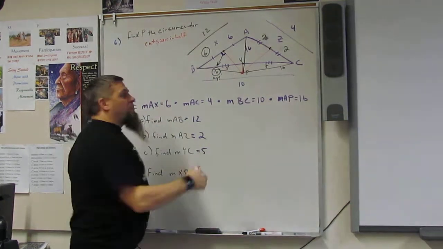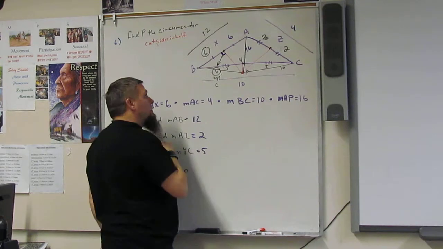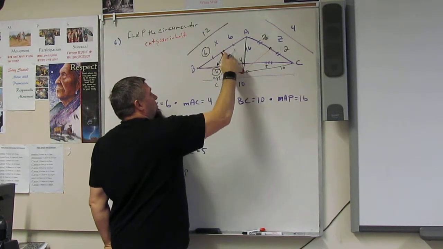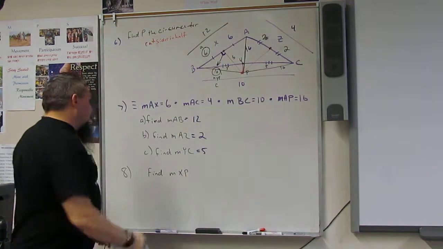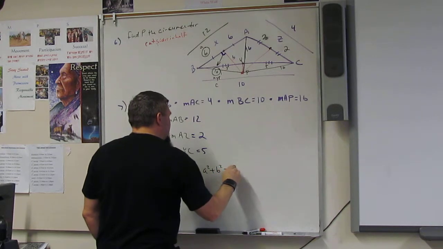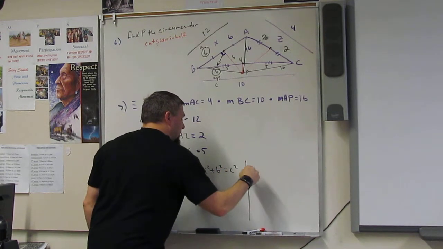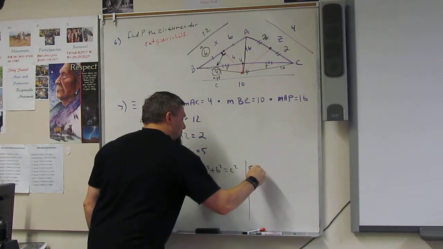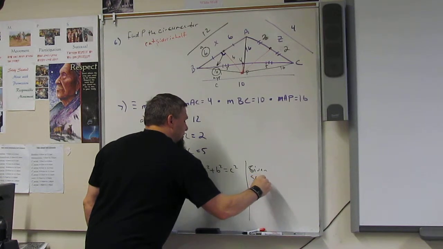So I might want to, okay, long side C. Short side A, and then B. And so I have A squared plus B squared equals C squared, and I just plug it in. Substitution, right? So this is given. So this is a substitution.